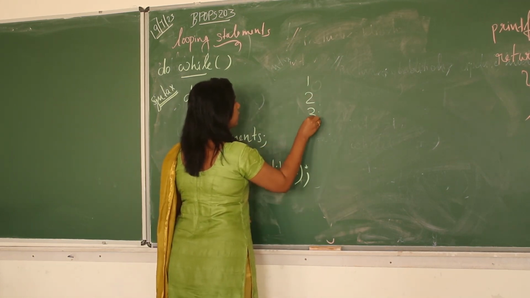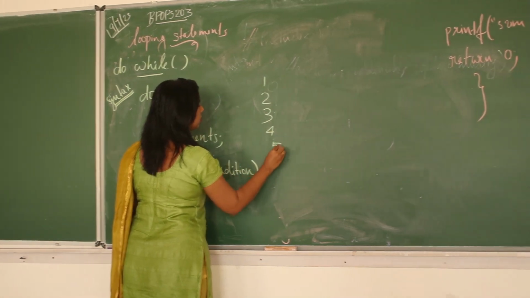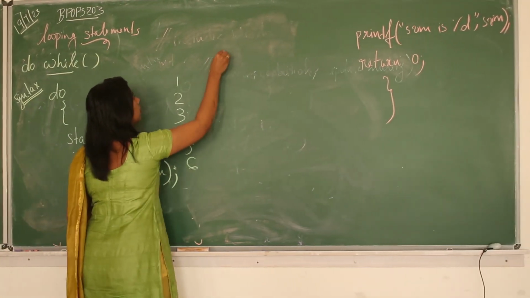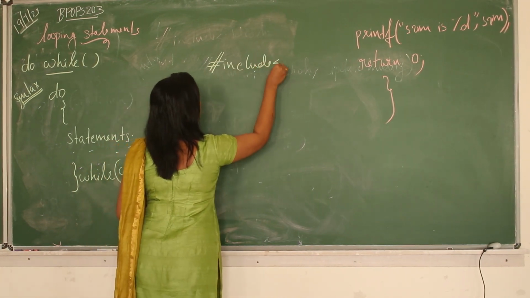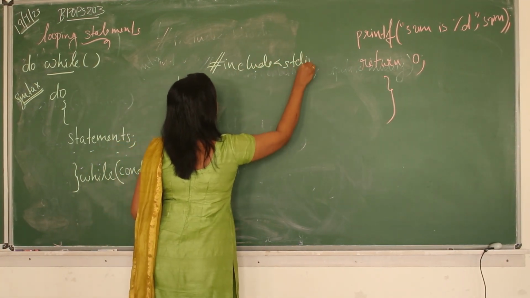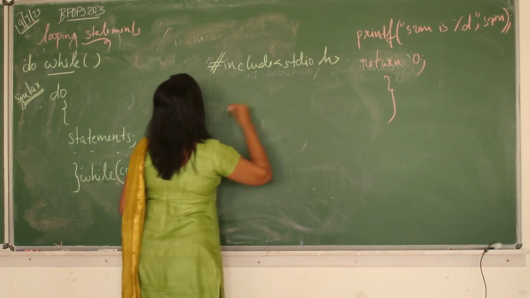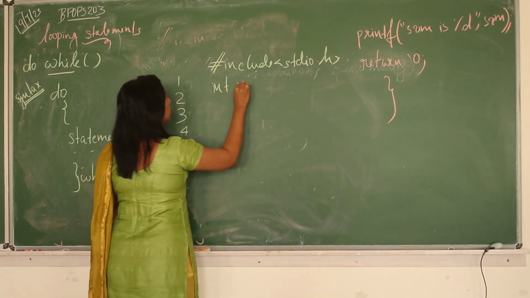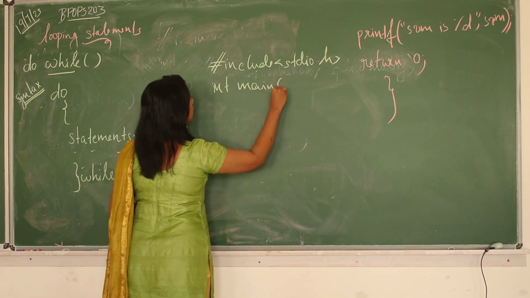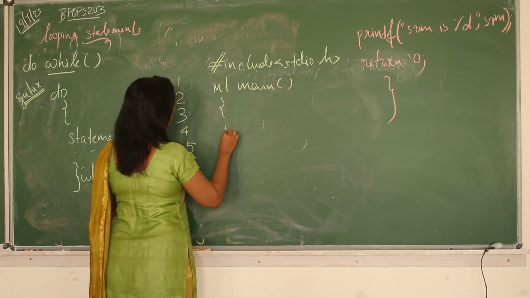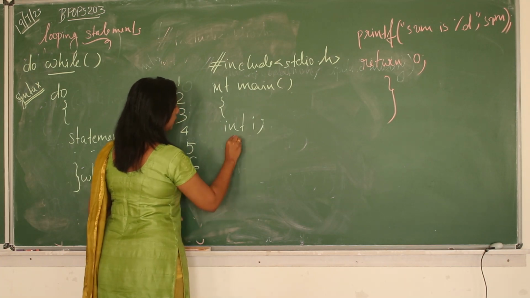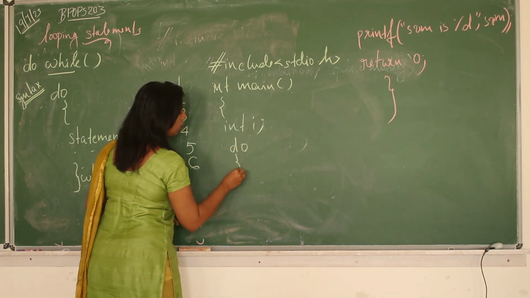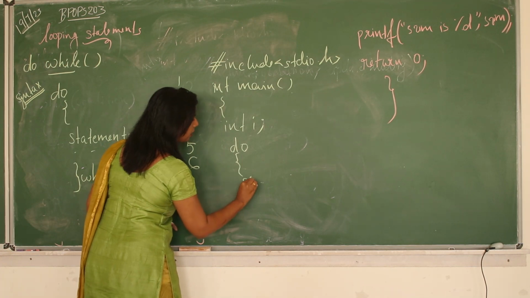If I want to see my output like this, how can I write my program with do while? Starting with main, then whatever variables I am using, I am declaring that, then I am writing do while. Each statement I want to repeat, my printf statement.